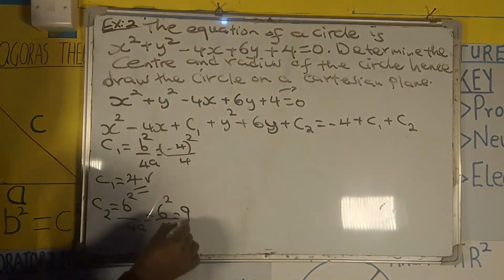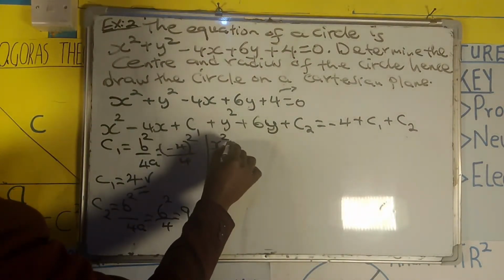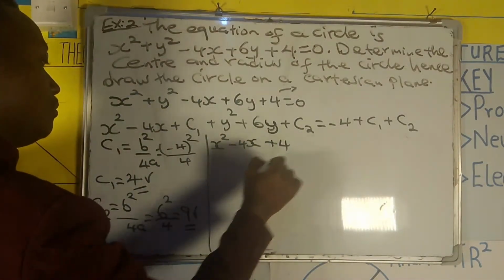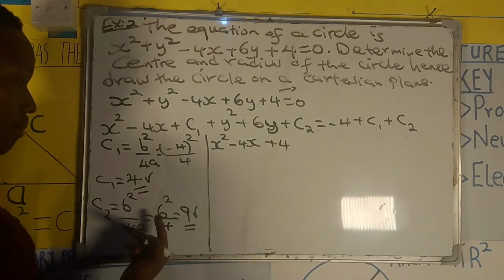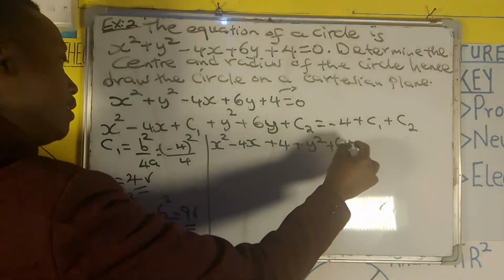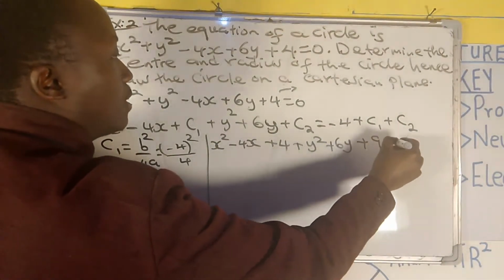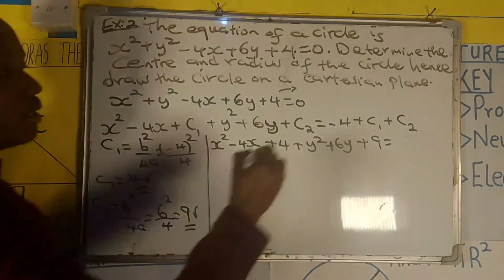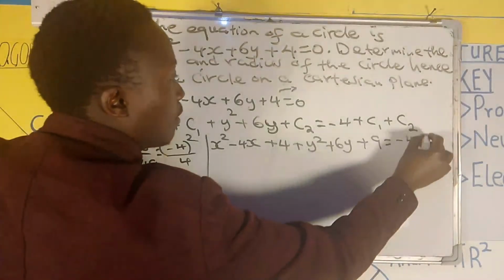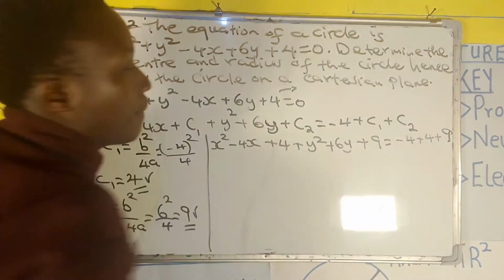That is 36 divided by 4 is 9. So x squared minus 4x plus 4 plus y squared plus 6y plus 9 is equivalent to minus 4 plus C1 ni 4 plus C2 ni 9. Itakuwa hivyo.